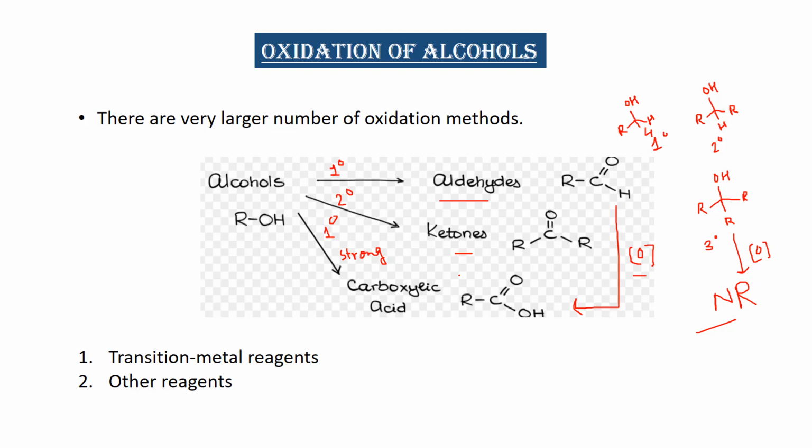Initially, when this oxidation topic was introduced, scientists usually used reagents containing transition metals. But day by day we know transition metals are not that environmentally friendly, so we try to substitute those transition metal containing reagents with reagents that don't contain any transition metal, which is greener, because we always try to approach our procedures through a greener approach.